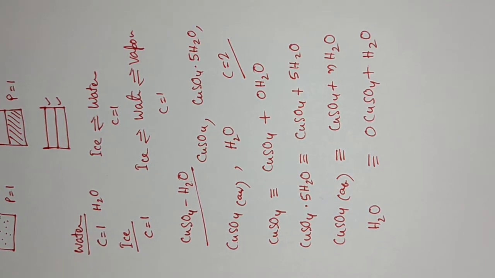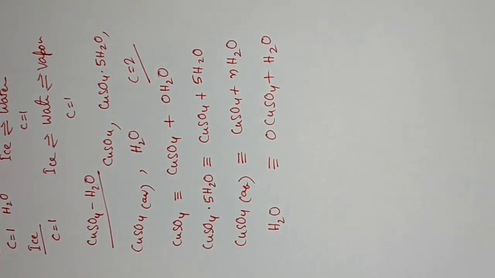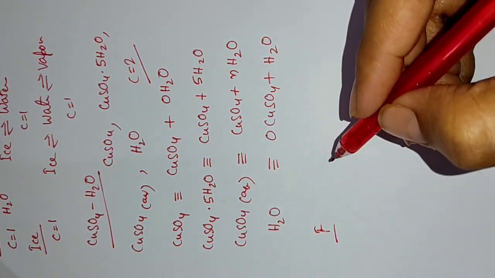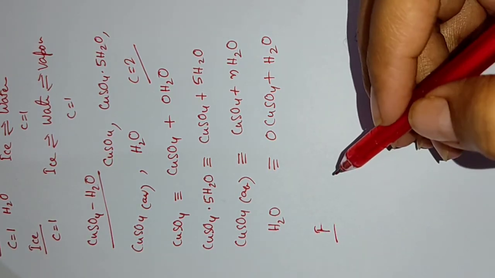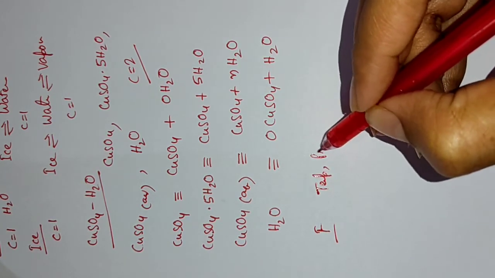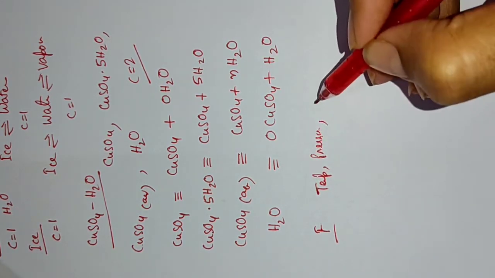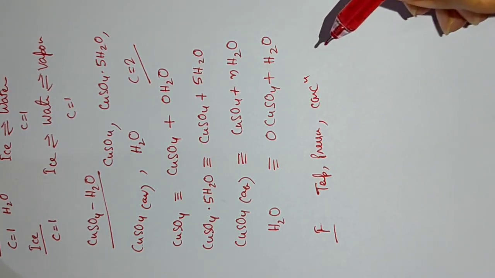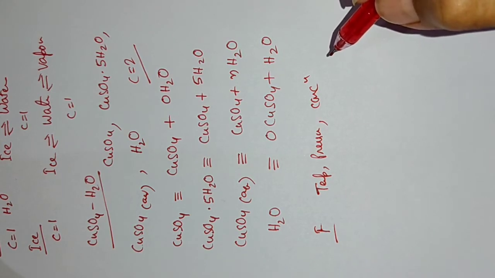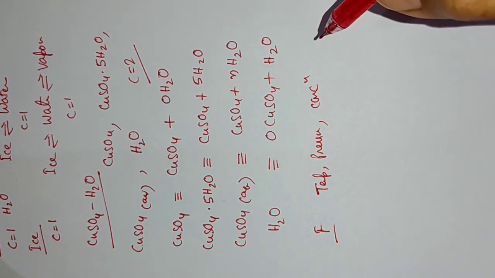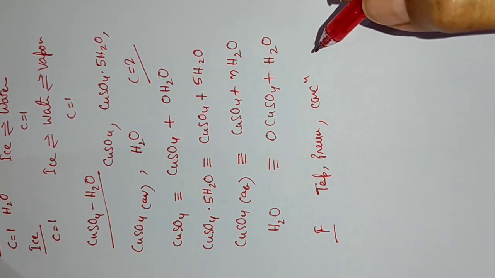Now the third term is degree of freedom or variance. This degree of freedom or variance is defined as the number of factors such as temperature, pressure, concentration, which can be varied independently without altering the number of phases existing in the system at equilibrium.